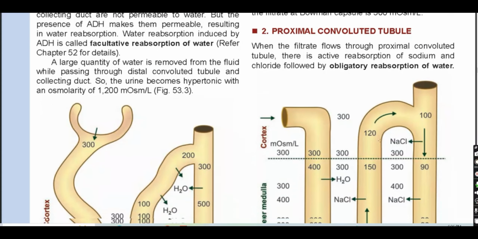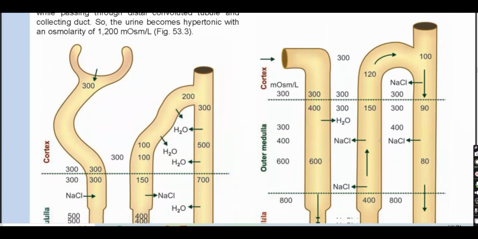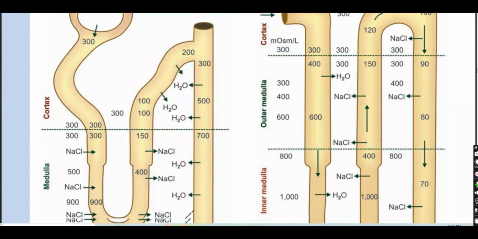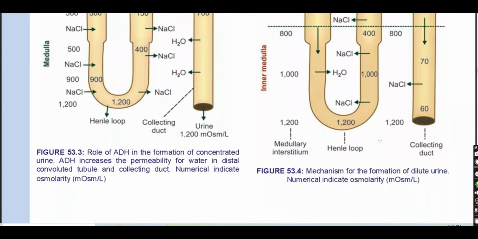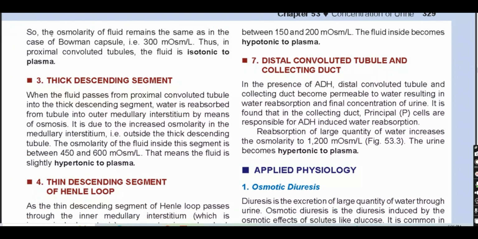How this happens can be shown in this figure. The osmolarity remains the same as in the Bowman capsule, 300 milliosmol per liter, and it is still isotonic to the plasma.